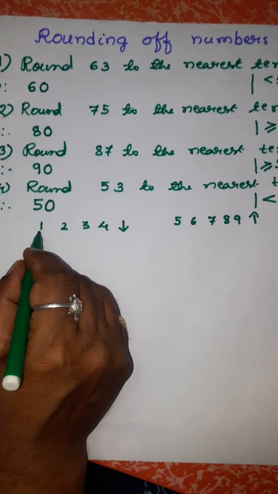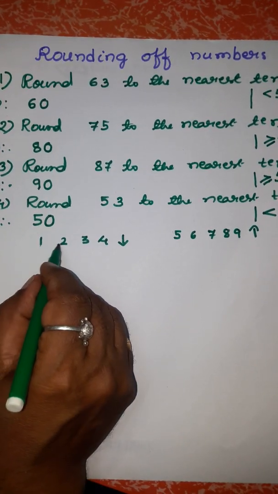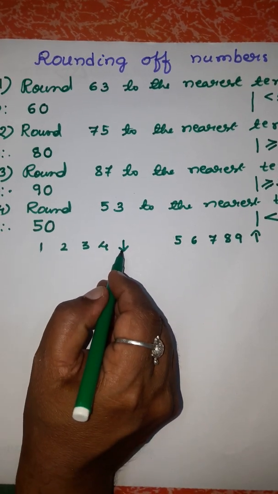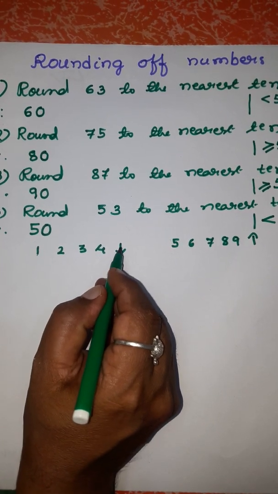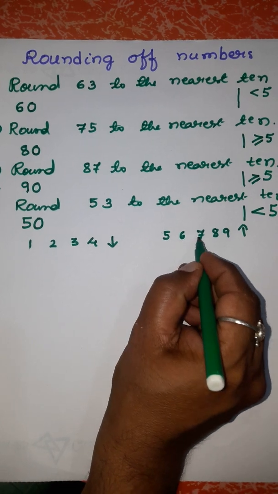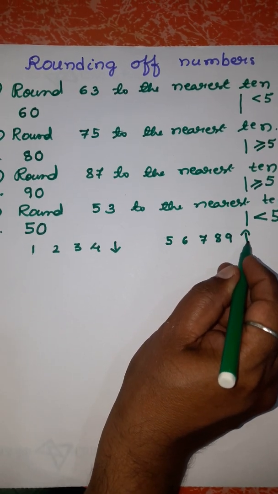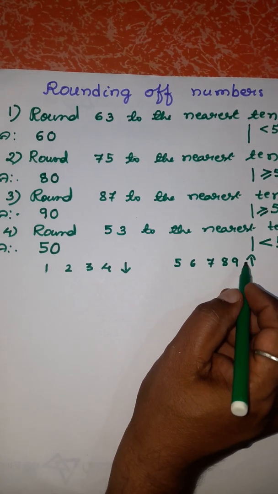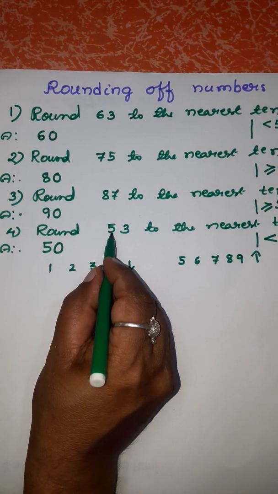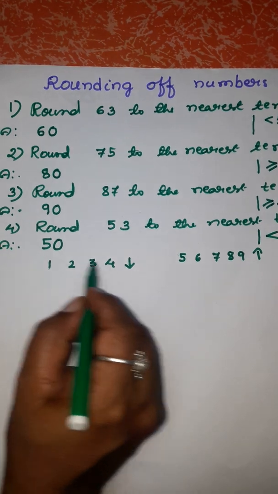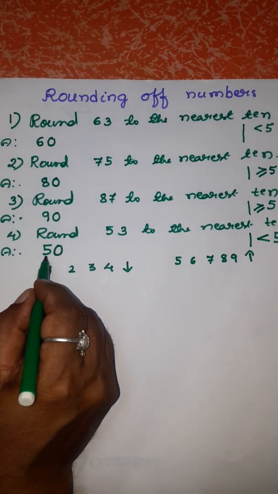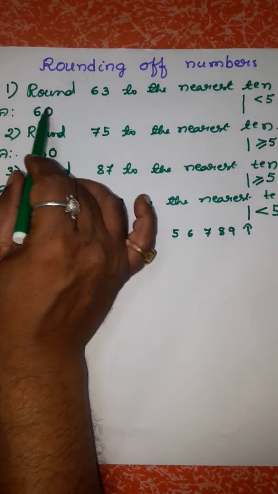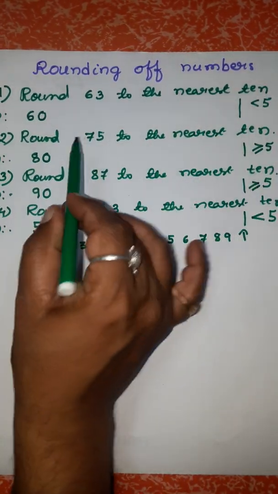Once again I want to stress, if you find digits 1, 2, 3, 4 in unit place, you round down the number. Or if you find the number 5, 6, 7, 8, 9, you round up. So in round up you are adding 1 to the tens place. In round down you need not add anything to the tens place. Now you know how to round off the given numbers to the tens place.